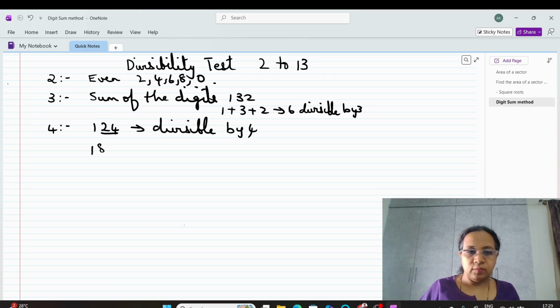If we have 1840, the last two digits are 40, which is divisible by 4. For the divisibility test of 5, if a number ends with either 0 or 5, the number is divisible by 5.